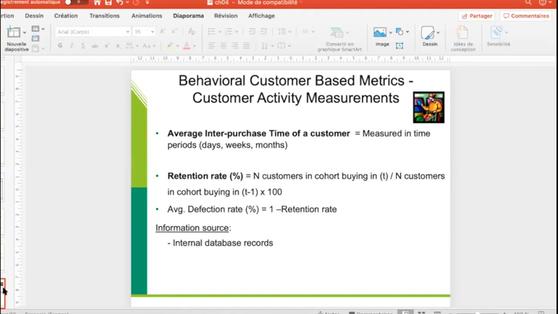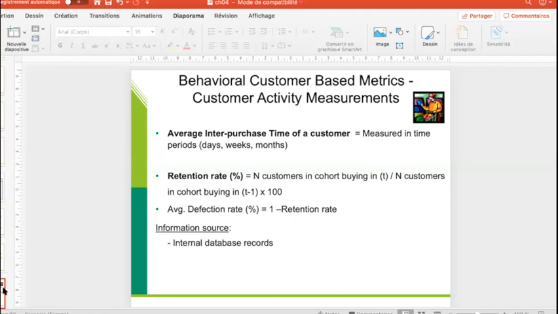This means that you have a retention rate of 90,000 divided by 100,000, so your retention rate would be 90%. So you retain 90% of your customers from one time period to another one. The more the retention rate goes to 100%, the higher the loyalty of your customers.